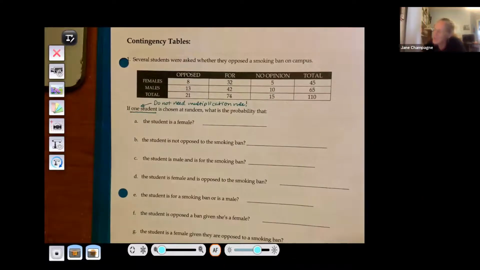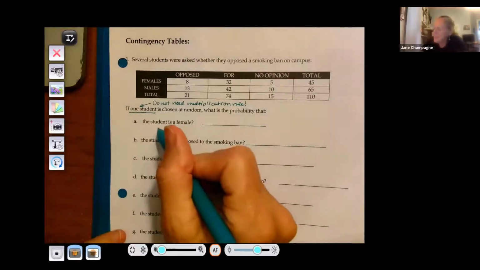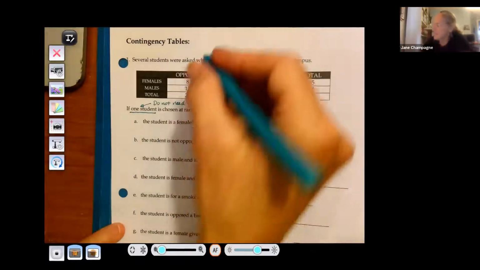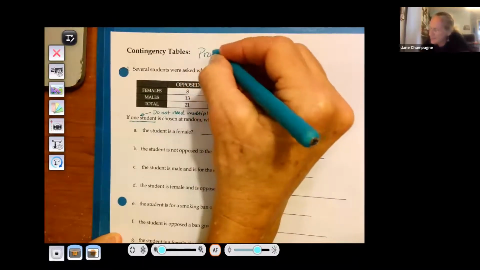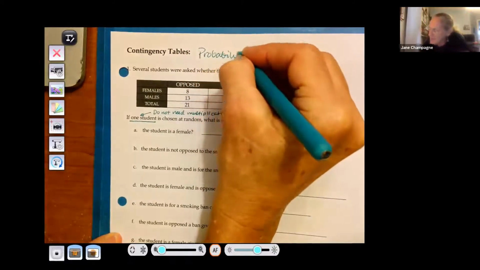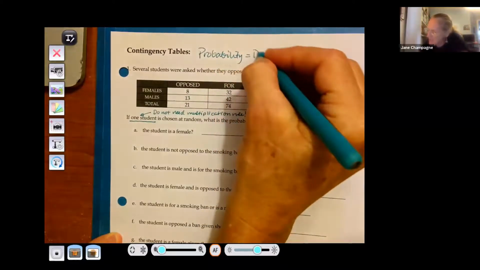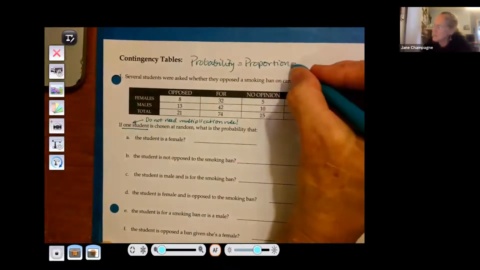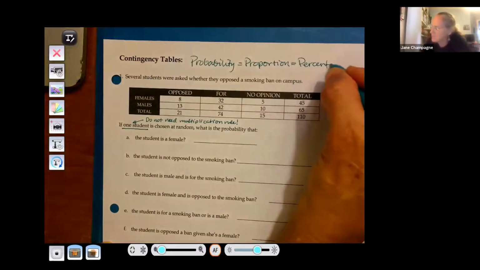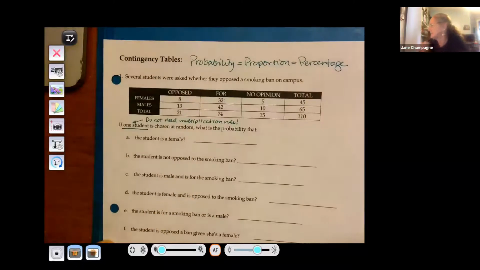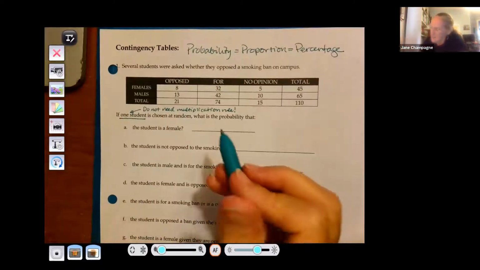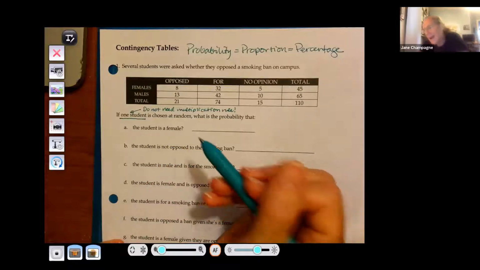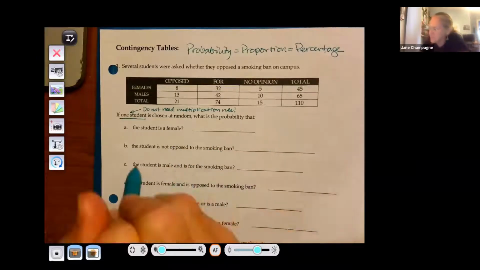All right, so what is the probability that the student is female? Okay, so again, probability is talking about a proportion, which is often a percentage, right? So these P's all go together. It's a good idea to kind of keep that in mind. What's the probability the student is female? Well, what's the proportion of females? How many females are there out of the total?